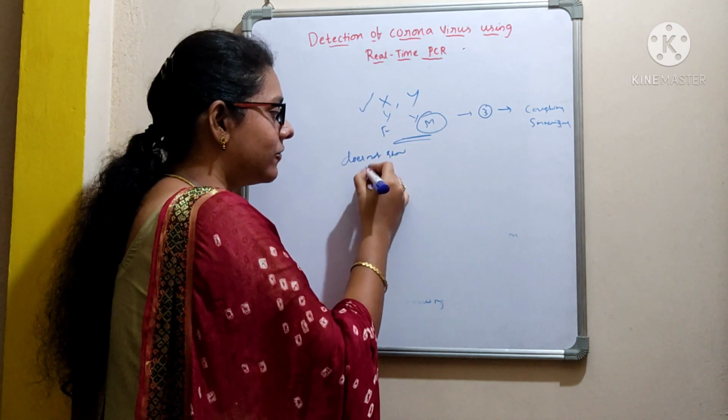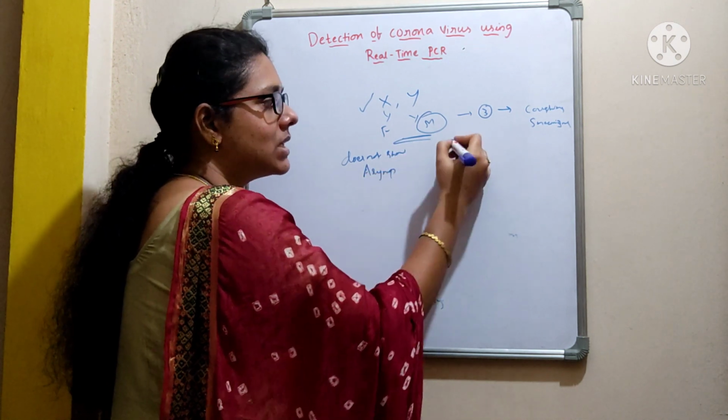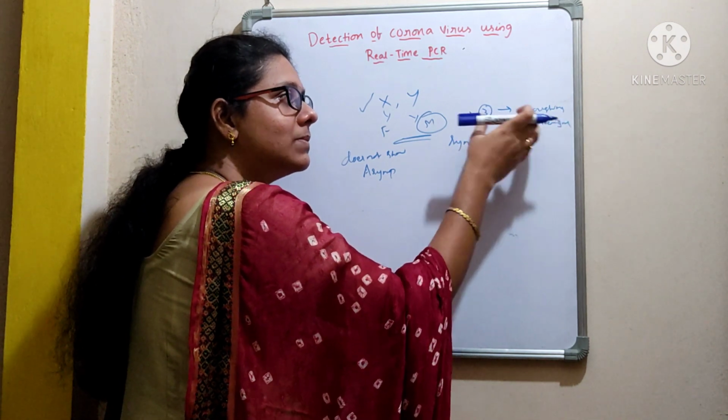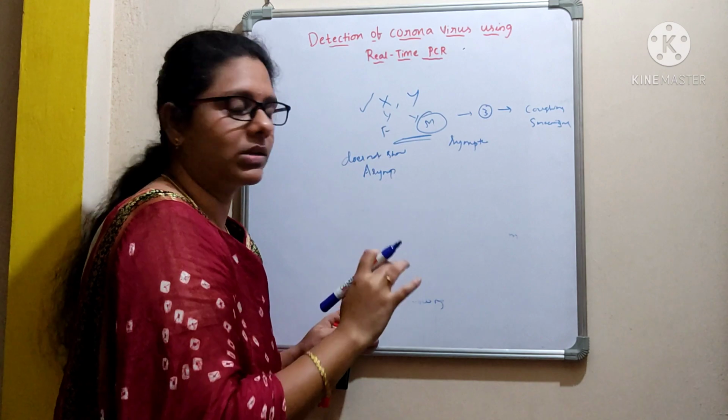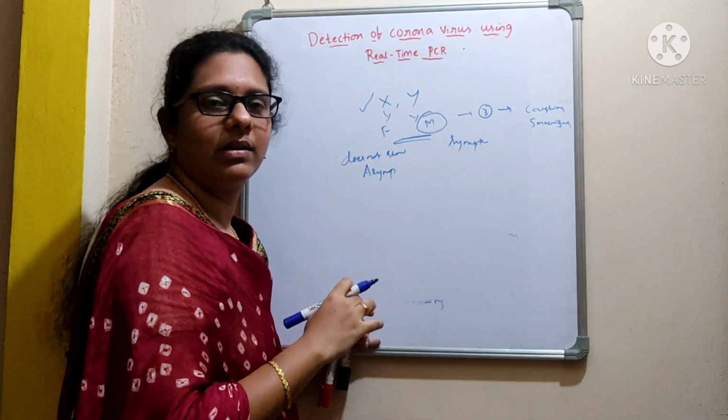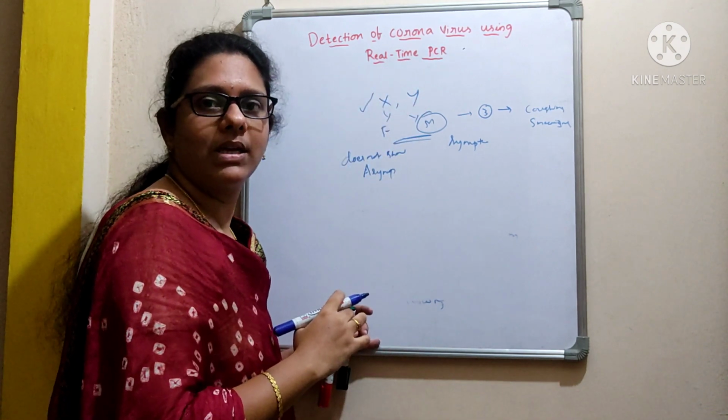That means the wife is asymptomatic and the husband is symptomatic, and he started showing symptoms only after 3 days of infection. Now they both went to check for the presence of the virus. They have gone for the real-time PCR method.